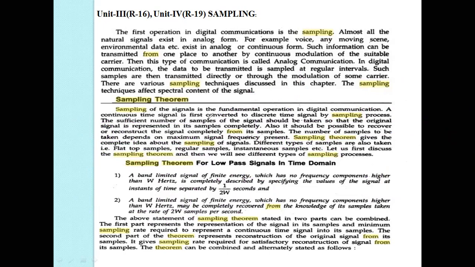A continuous time signal is first converted to a discrete time signal by the sampling process. So now I am explaining with the block diagram. See here, by using the sampling process, a sufficient number of samples of the signal should be taken so that the original signal is represented completely in its samples.